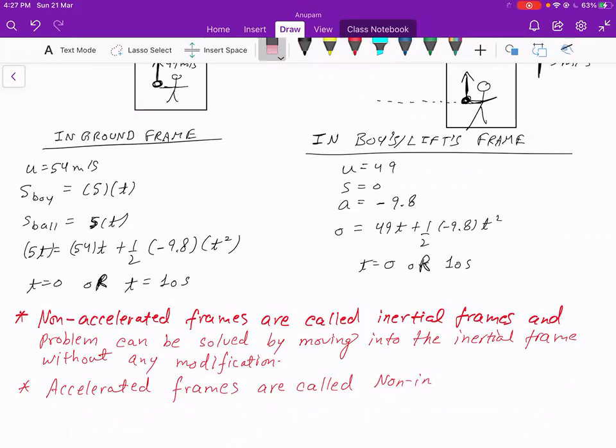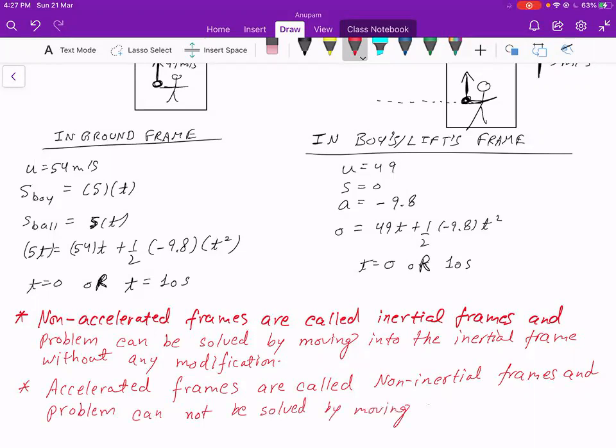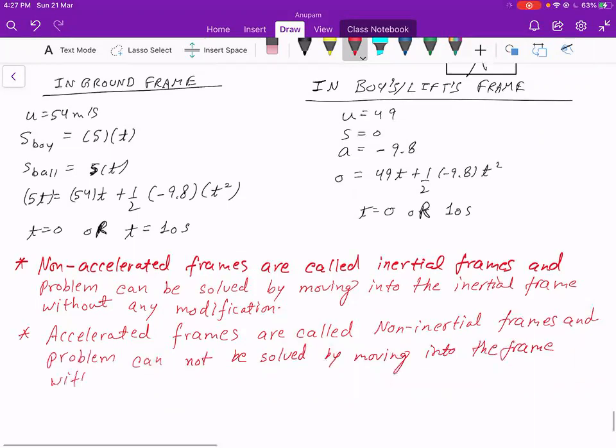And the problem cannot be solved by moving into the frame without the addition of an extra force called pseudo force. So this is just a side note for you.